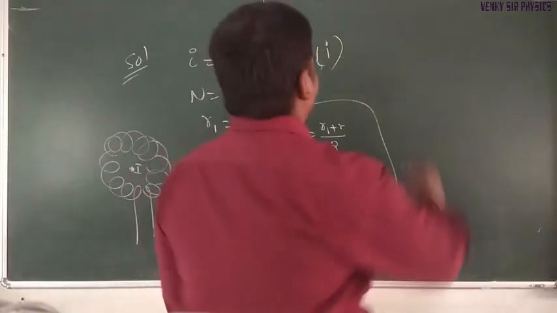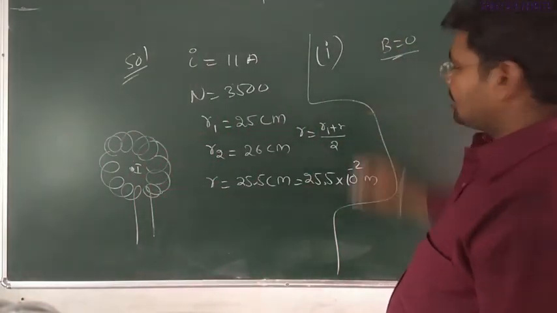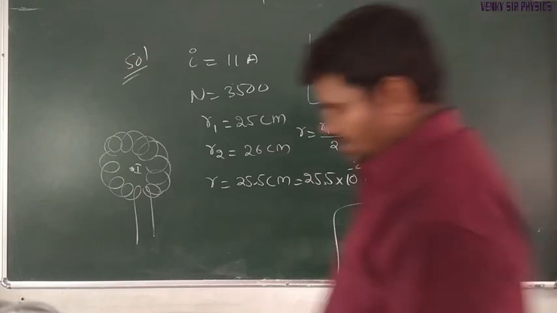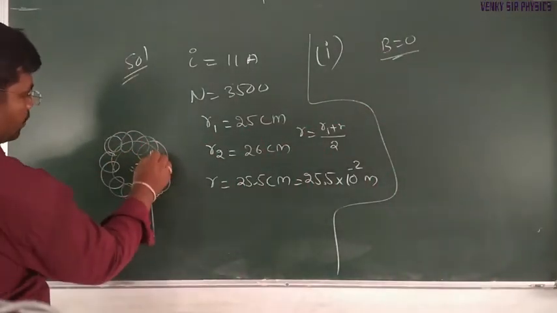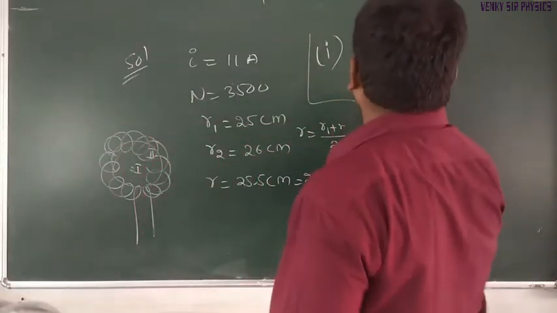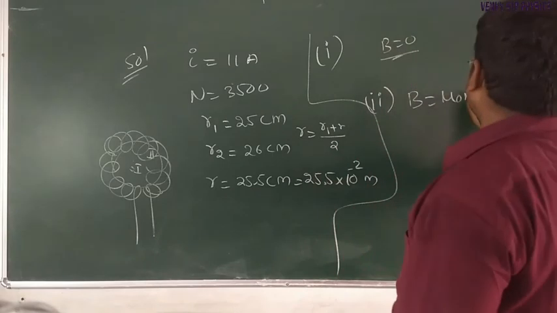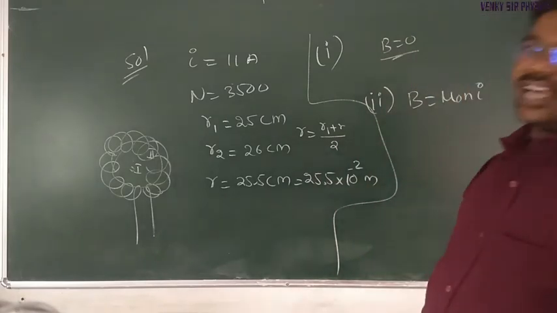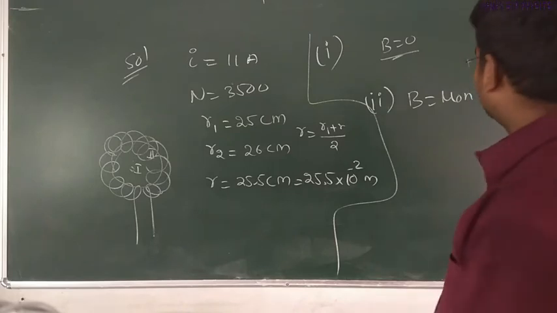So at 1, B is 0, magnetic field is 0. Inside the toroid, this is Roman number 2. Already we know the formula B is equal to mu naught into n into I for both solenoid and toroid, the same formula to get the magnetic field.